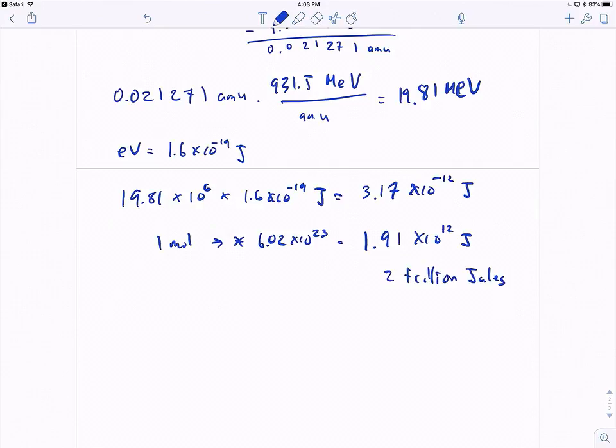So 1 mole of that gives you 2 trillion joules of energy. That's a lot of energy. The whole point of this is that there's a lot of energy in nuclear reactions, in this case nuclear fusion, much greater than anything we see in chemical reactions.